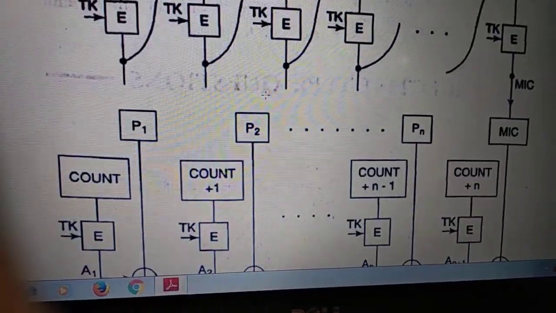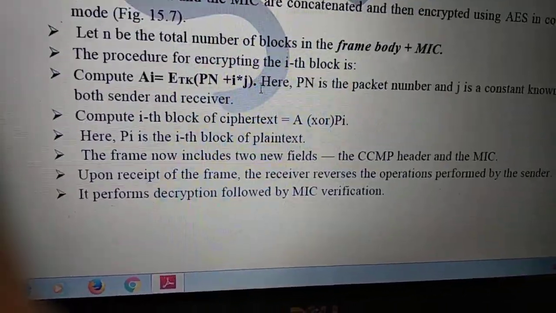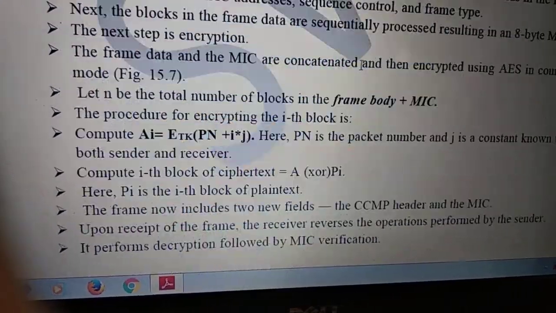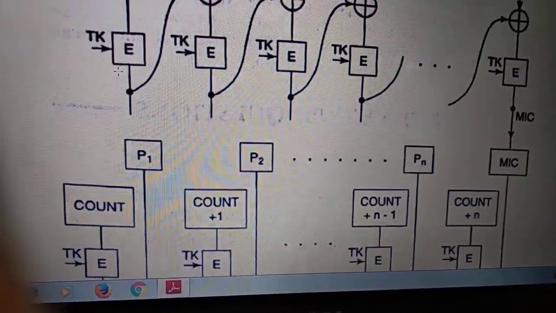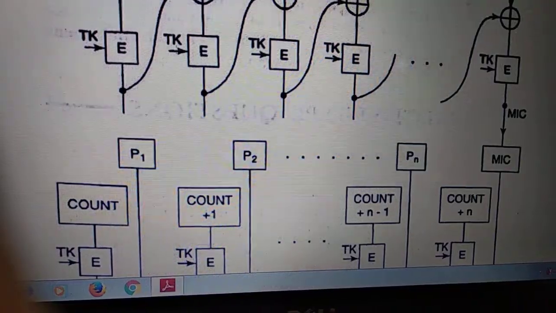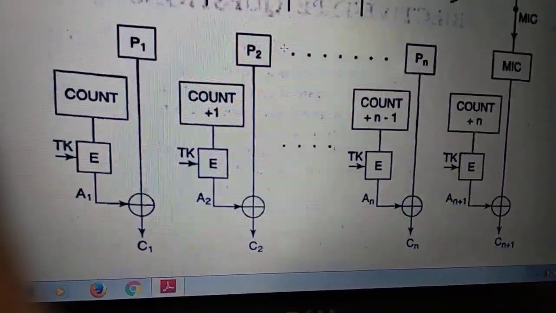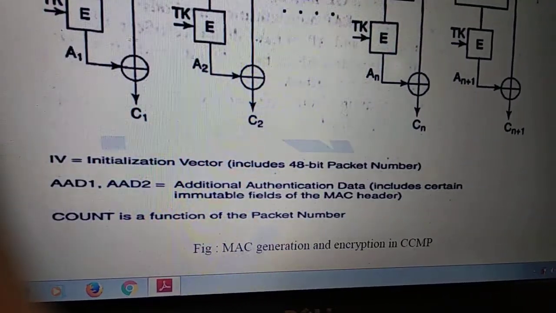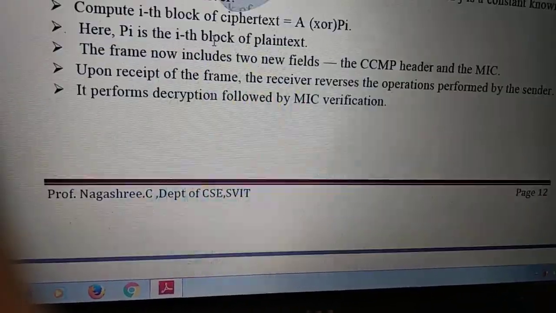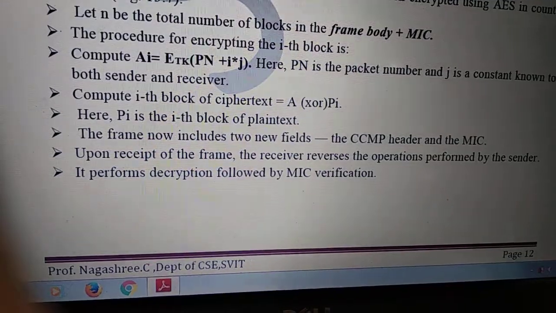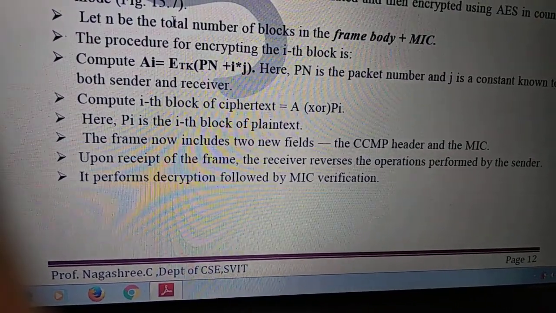That is how it is encrypted. What is the mode here? The mode is cipher block chaining, so each block's output is given as input to the next block. That is a cipher block chain mode. So finally we get the cipher text. That is the encryption used in the algorithm called CCMP.